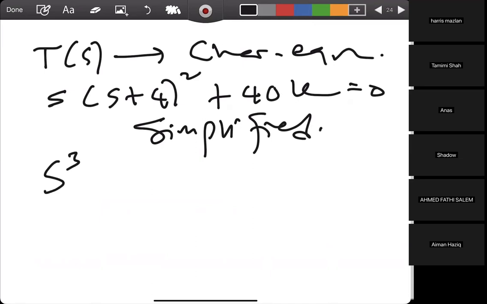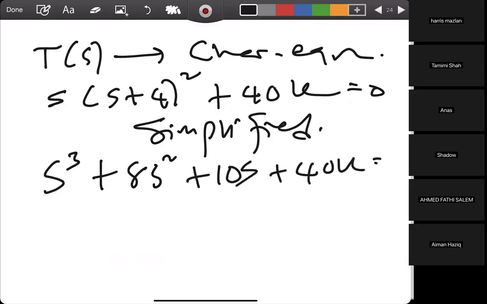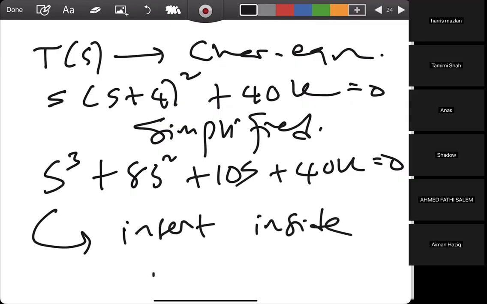S cubic, then inside the Routh table, okay.